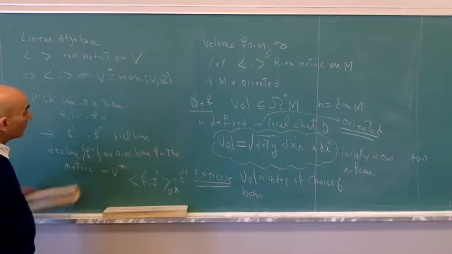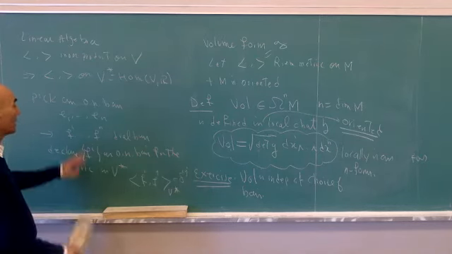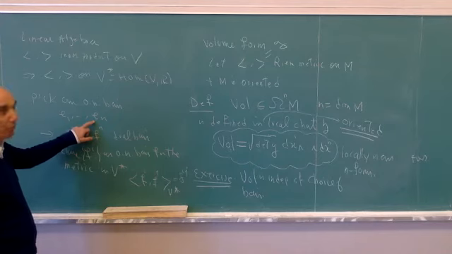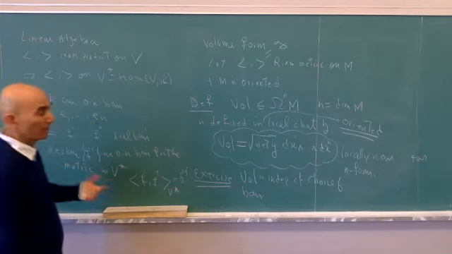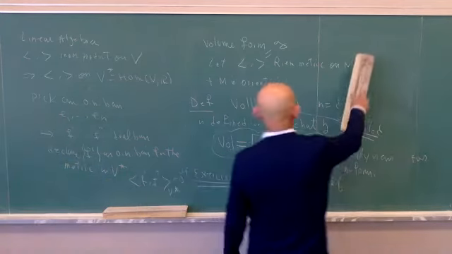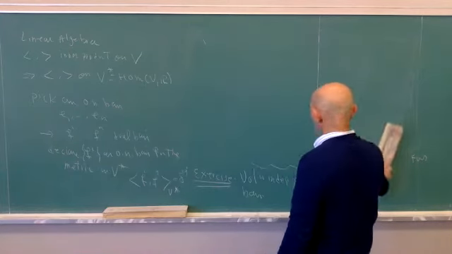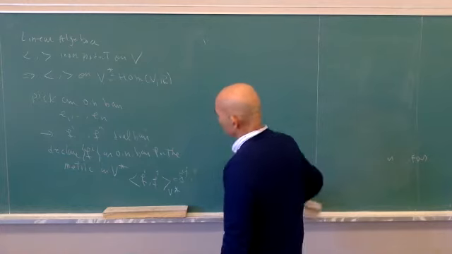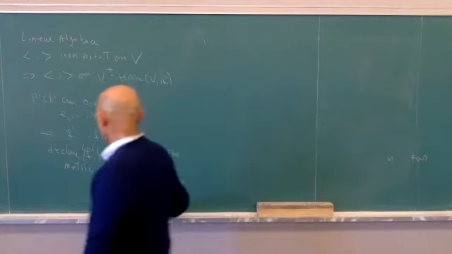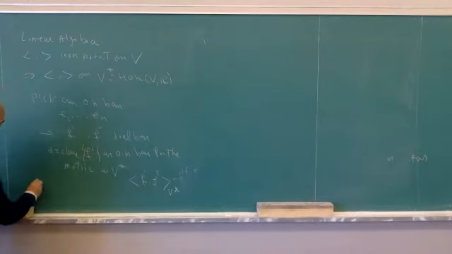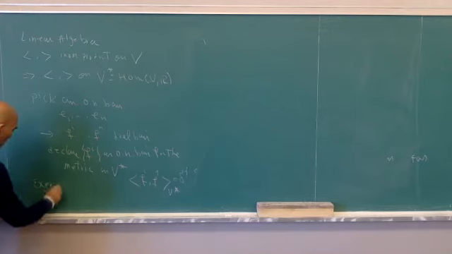Now, of course, the problem is you have to show that this is independent of the choice of orthonormal basis. So you have to make sure that you can do this, right? There's a little bit of a problem here. That's an exercise again, simple but important.